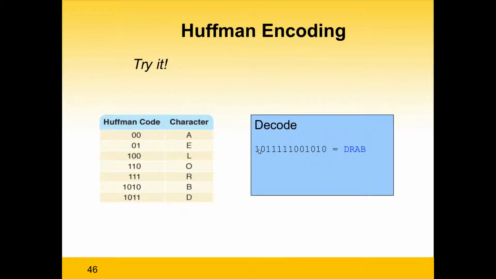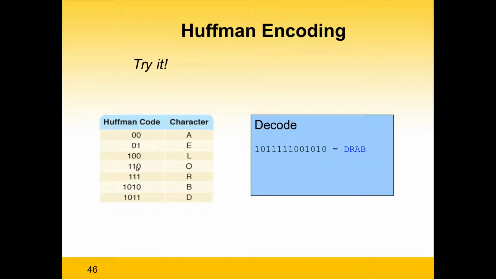So for instance, if you were to decode this Huffman string, how would you do it? Well, you start with a 1 and you look, okay, it could be an E, an L, an O, an R, a B, or a D. Then you take the 0, so you're looking for a 10. 10 could be an L. These are discarded. 10 could be a B, and 10 could be a D.